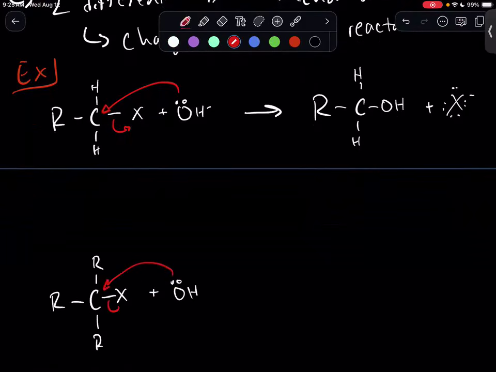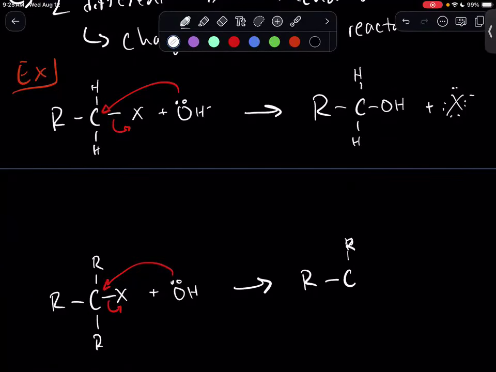We still know that this is going to be the overall reaction mechanism, but there's something different here. In this case, we have a tertiary alcohol as our product, as we're starting with a tertiary halogenoalkane.